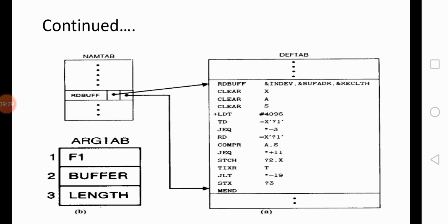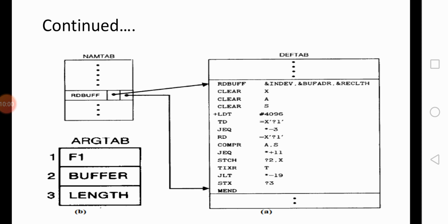As you might observe here, there are two pointers. Initially, whatever information belongs to RDBUFF will be stored in the definition table. The first pointer, the first arrow, shows RDBUFF, &INDEV, &BUFADR, &RECLTH.